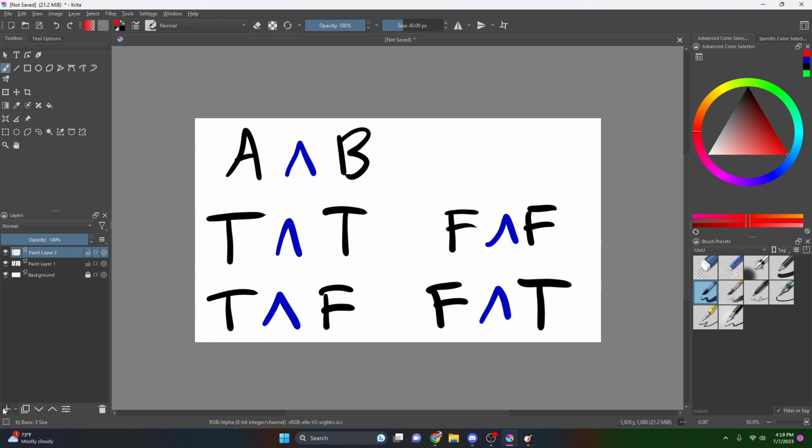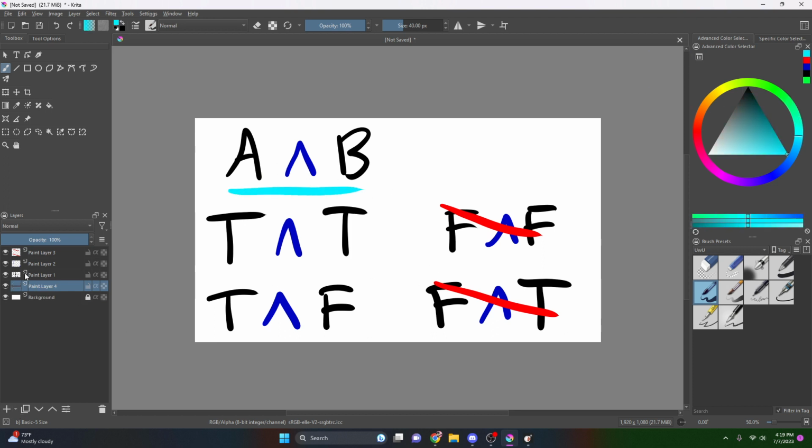Let me do that in another layer. This is the operator here. There we go. Let me move this to the middle and make it nice and neat.